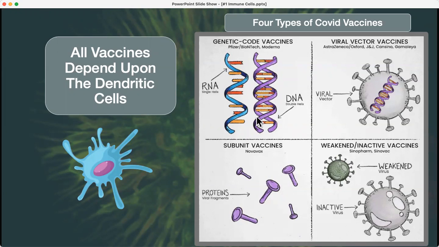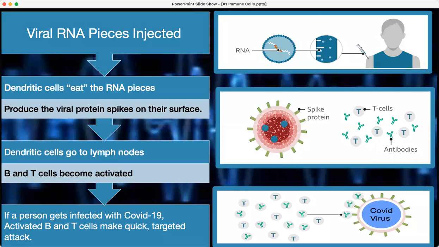So these are the other types of vaccines. With a viral RNA piece with Moderna or Pfizer, remember the dendritic cells actually eat the RNA pieces, and then the dendritic cells develop these spike proteins because they've got the RNA from the vaccine.